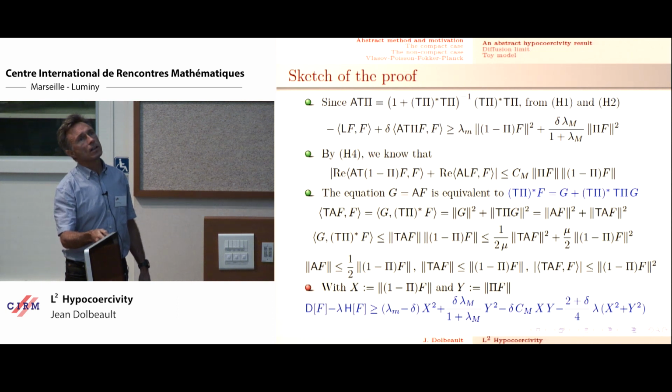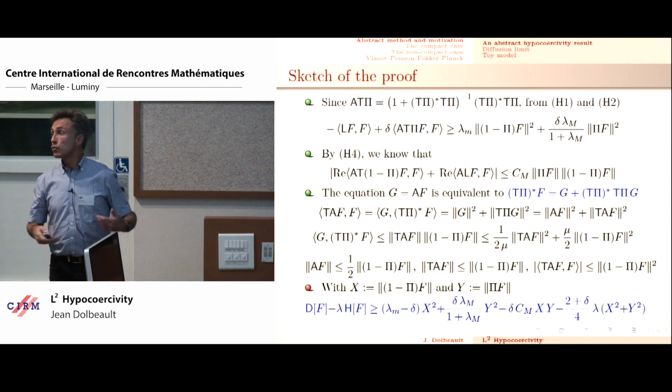And using the adjointness, you get TPJ, the L2 norm of TPJ, which is here. But on the other hand, since G is AF, you are actually computing TAFF.